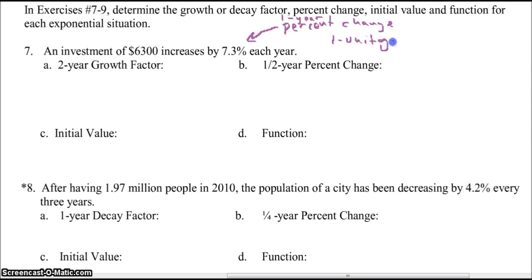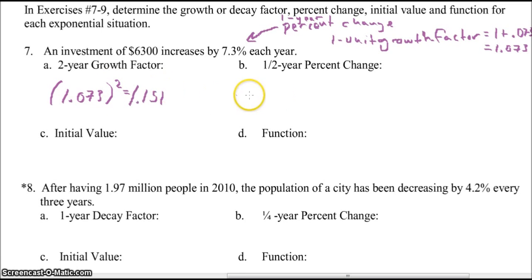That would be pretty useful to know. And that's going to be equal to 1 plus the percent change as a decimal, 0.073. So 1.073. So that means my 2-year growth factor is 1.073 squared, which is 1.151.